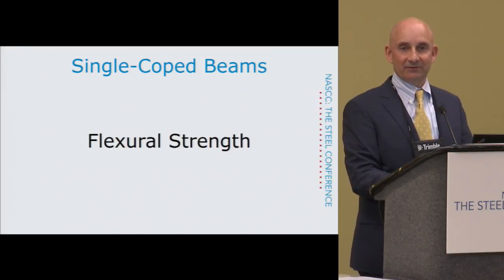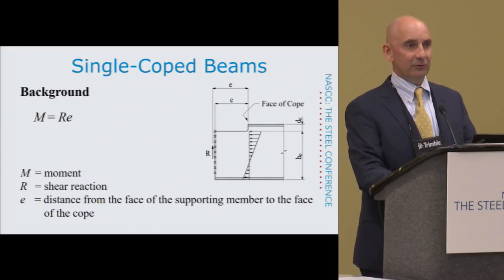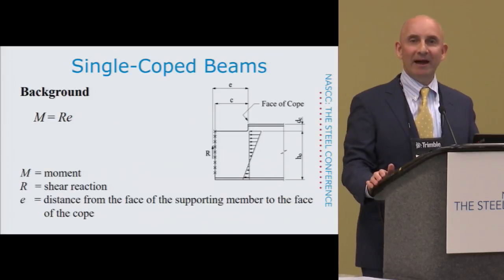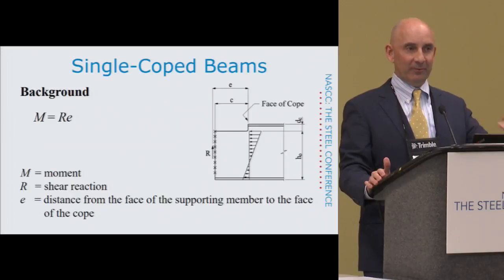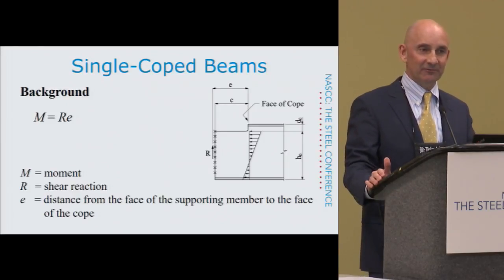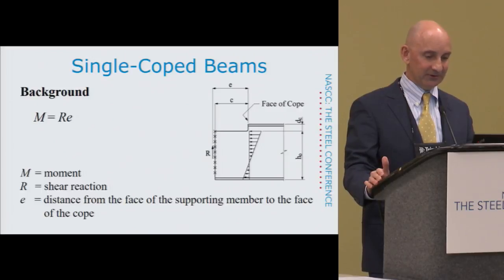But once we get to the flexural strength, now we're getting into the manual. And what we're going to do, we're going to talk about the background first, and then we'll talk about what's in the manual. So we're going to repeat some of the equations with maybe slightly different terminology within those equations.